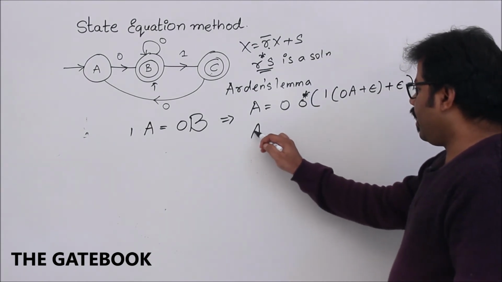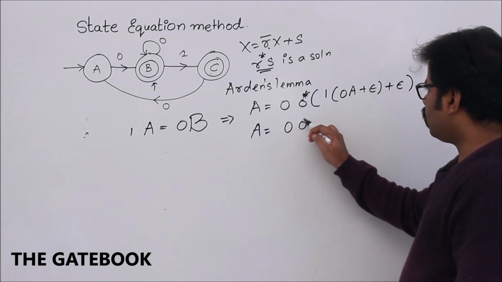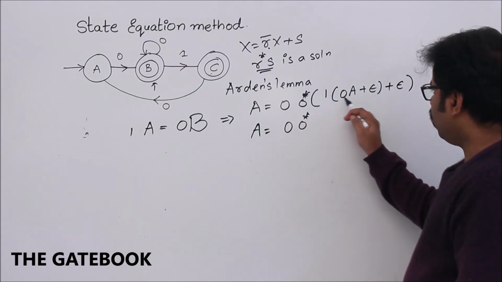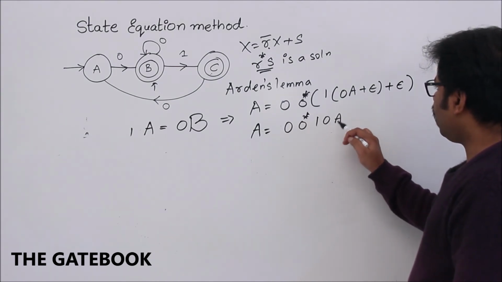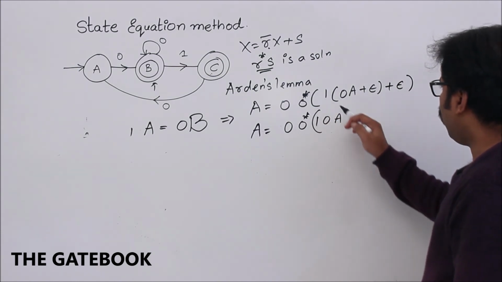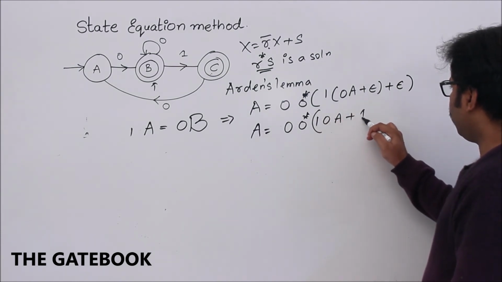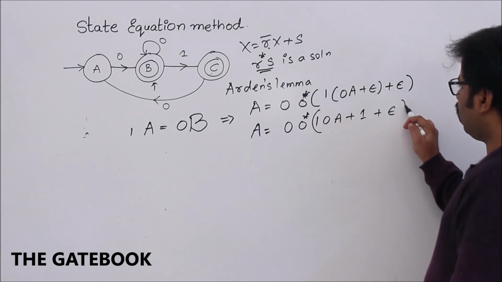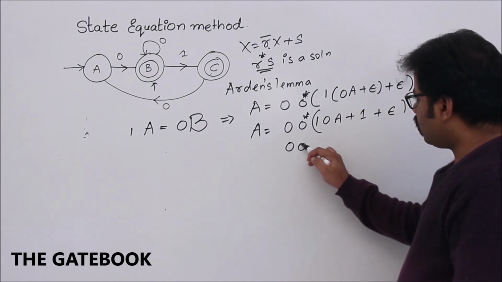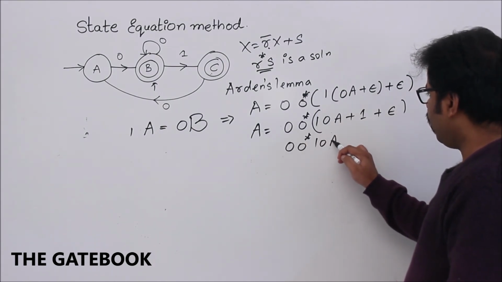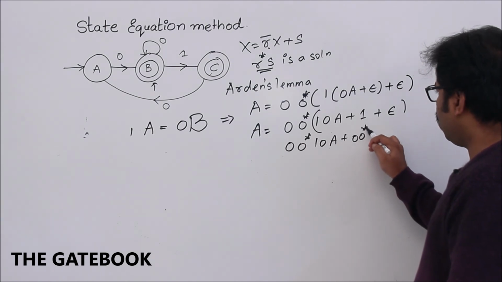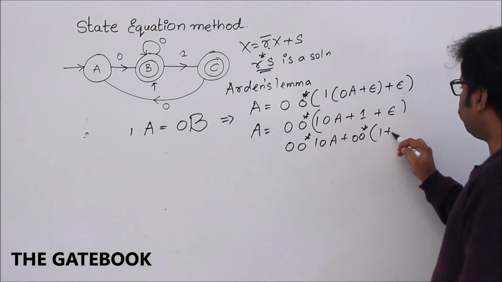Let me simplify it. A equal to 0, 0 star 1, 0a, let me do this part first, plus 1 epsilon 1, plus epsilon. Now 0, 0 star 1, 0a plus 0, 0 star dot 1 plus epsilon.